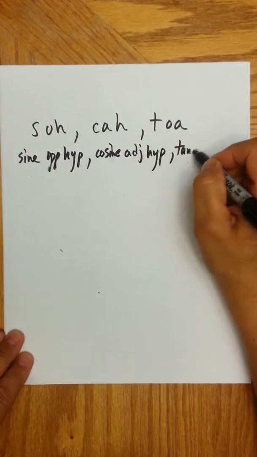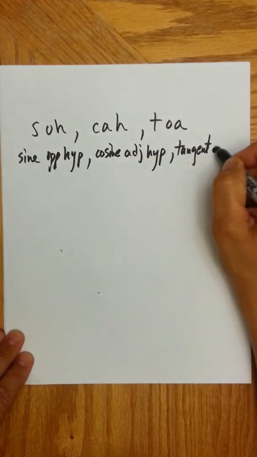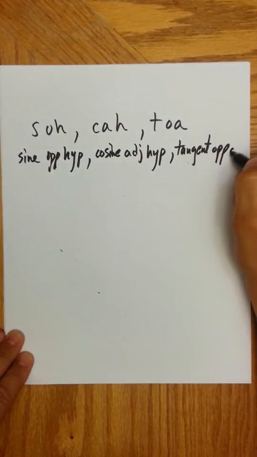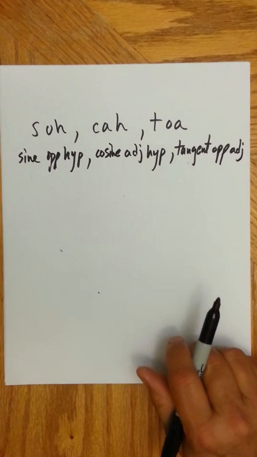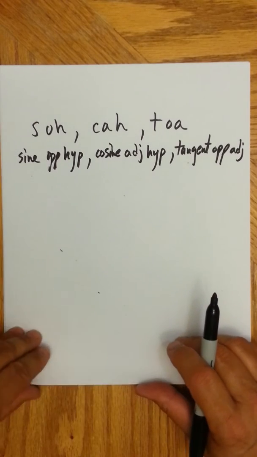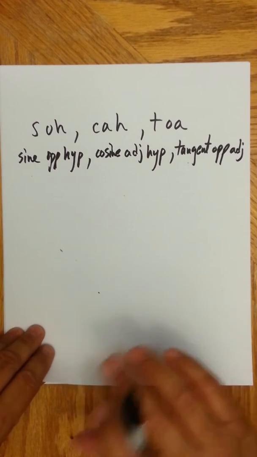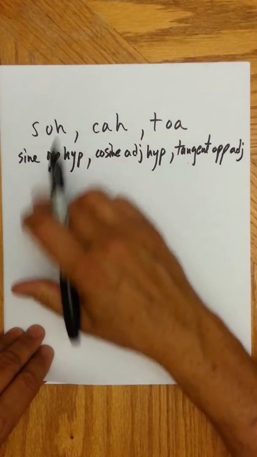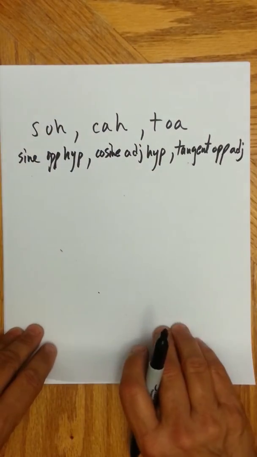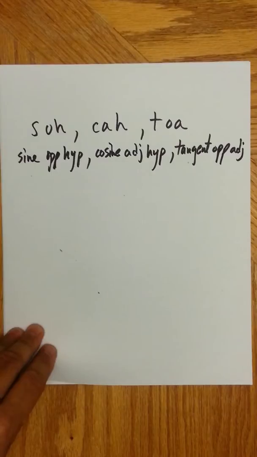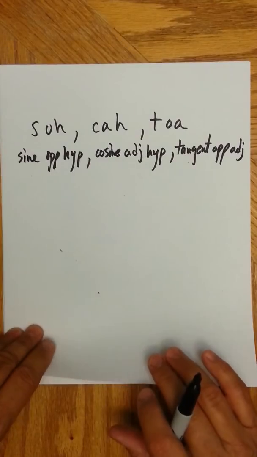And tangent is opposite over adjacent. Okay, so that's one way of remembering, and obviously you'll have to remember the reciprocals, but they're just the names, because then you know which names are associated with which reciprocal, and you remember all the ratios. So this is a way of standardizing things a lot more.